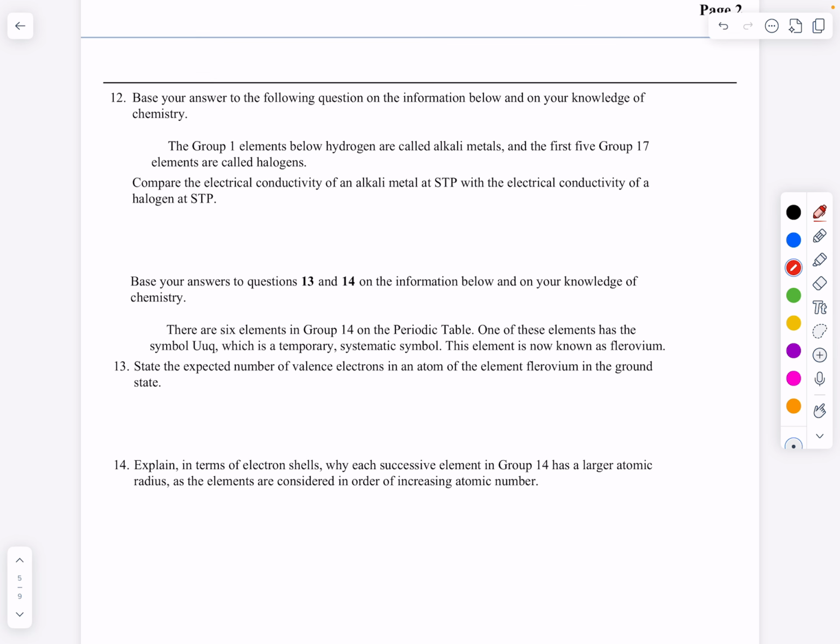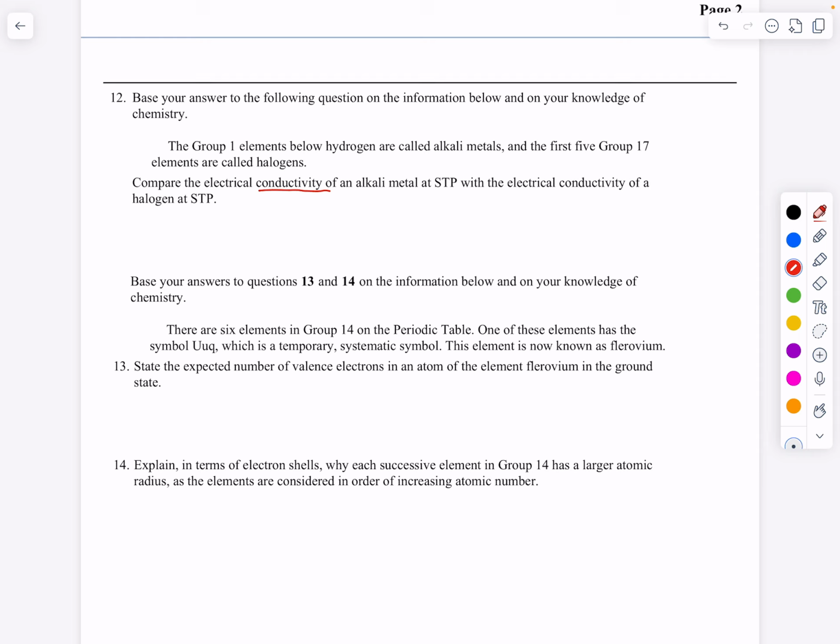12. Group 1 elements below hydrogen are called alkali metals. The elements of group 17 are called halogens. Compare the electrical conductivity of alkali metals with the electrical conductivity of the halogens at STP. So you should know that conductivity is only a trait of metals. Metals can conduct electricity, non-metals cannot.